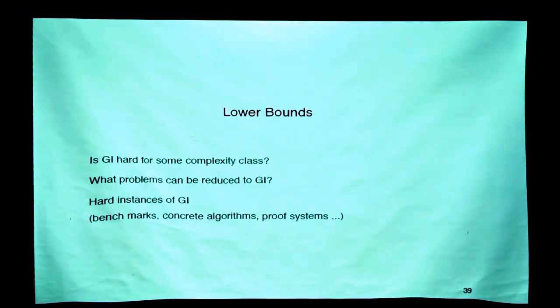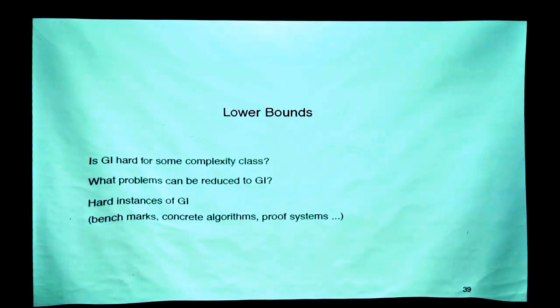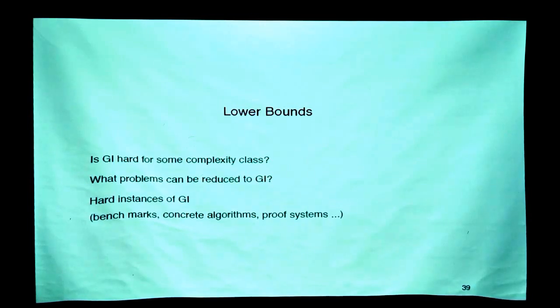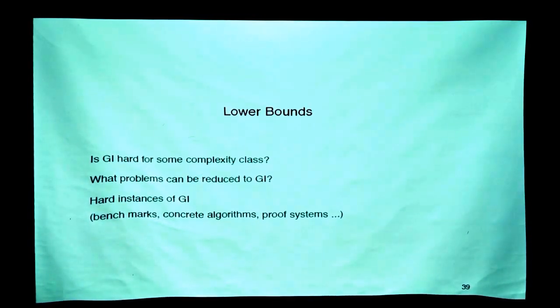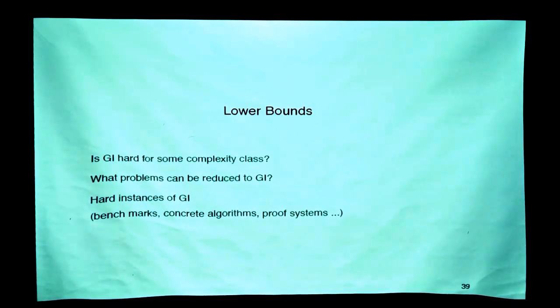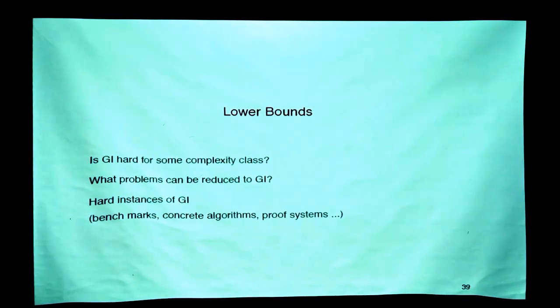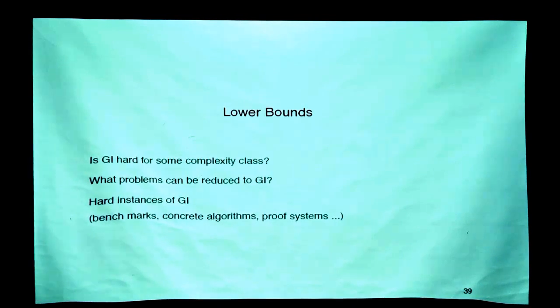So that's the lower bound. What kind of other problems are reducible to GI? What are the hardest instances for the problem? And this can be used as a benchmark for complete algorithms, or has some application in proof systems.